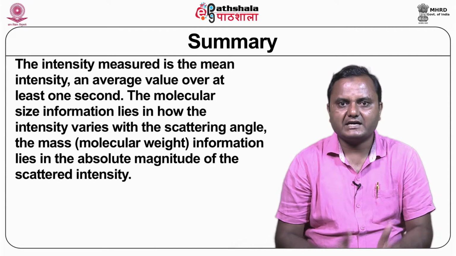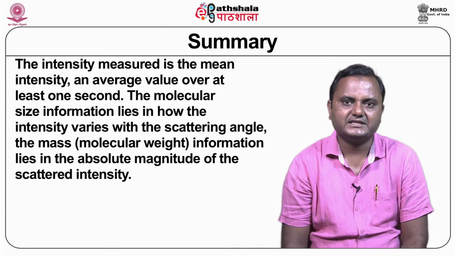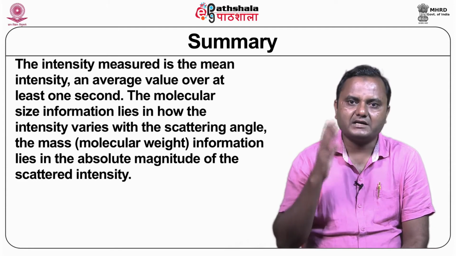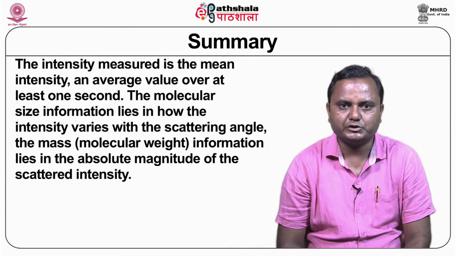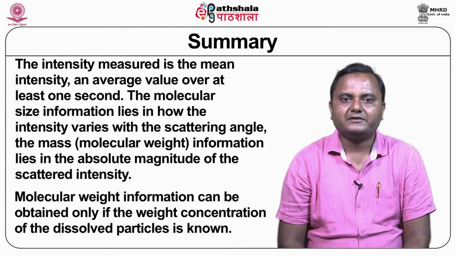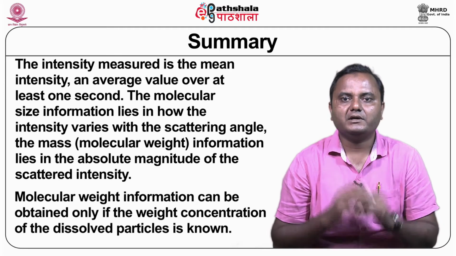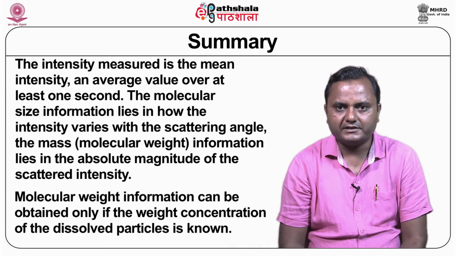The molecular size information lies in how the intensity varies with the scattering angle. The mass, meaning the molecular weight information, lies in the absolute magnitude of the scattered intensity. This molecular information can be obtained only if the weight concentration of the dissolved particle is known.